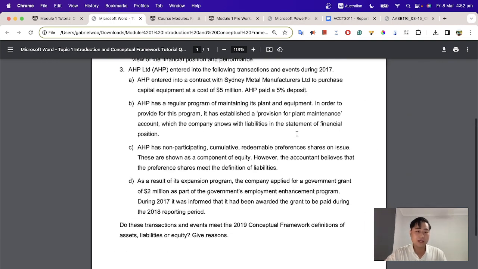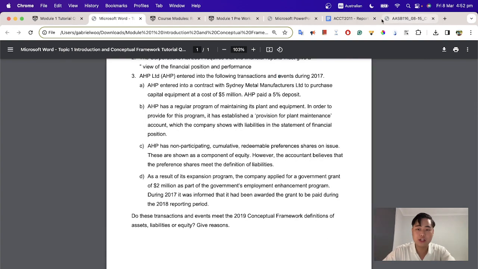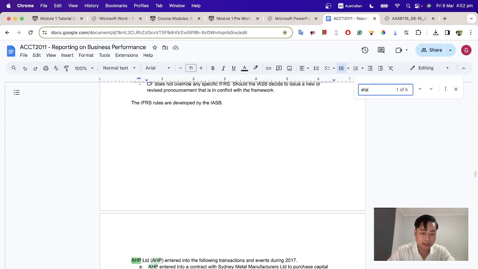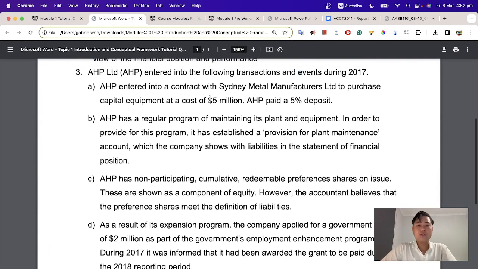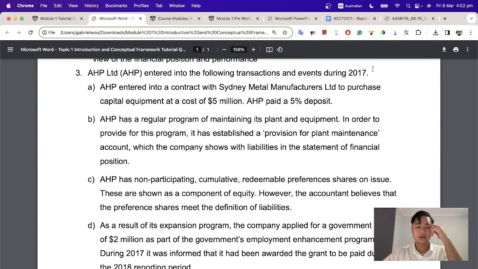We talked about that. Here's an example. AHP entered into the following transactions and events during 2017. AHP is a company. AHP entered into a contract with Sydney Metals Manufacturing Ltd to purchase capital equipment at a cost of $5 million, and paid a deposit of 5%.